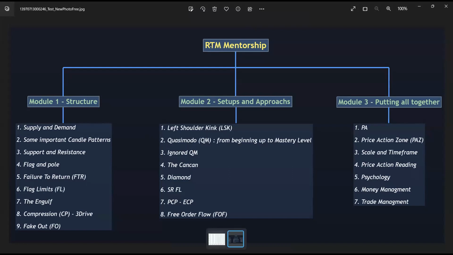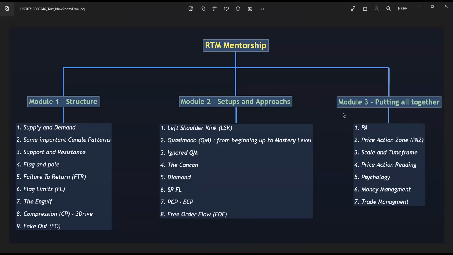The third one is ignored QM, the CanCan, Diamond, SRFL, PCP, ECP, and free order flow, which are really important, and most of them are directly and indirectly related to the Quasimodo again. We worked really hard on this QM, and we found something really interesting for you about it.